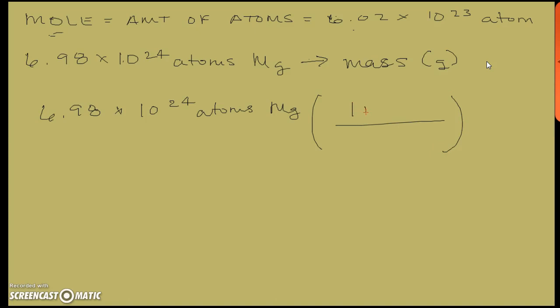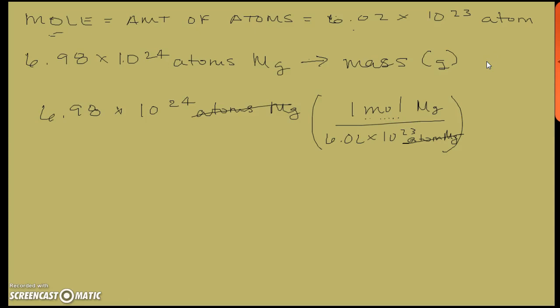Okay, and I know that for every 1 mole of magnesium, I'm going to have 6.02 times 10 to the 23rd atoms of magnesium. Right? Anytime you divide something by itself, so I'm looking at atoms of magnesium and atoms of magnesium, you can cross it out because it equals 1. And so now I'm in moles. Okay, because here's my unit right here, moles.